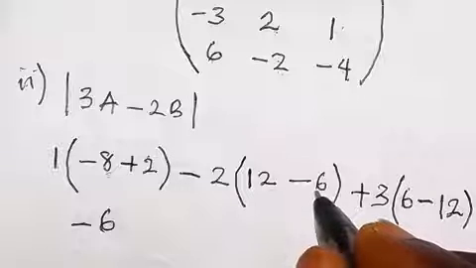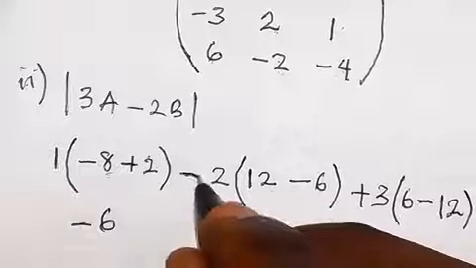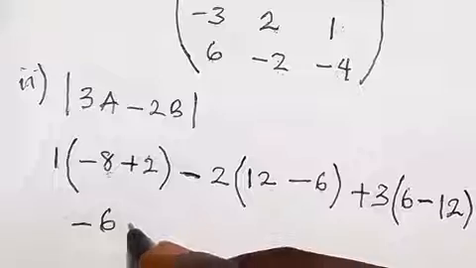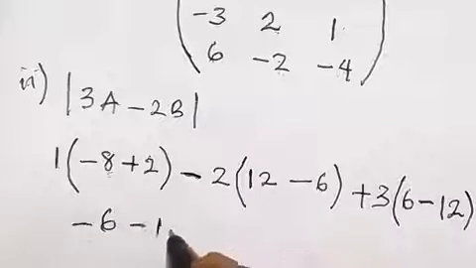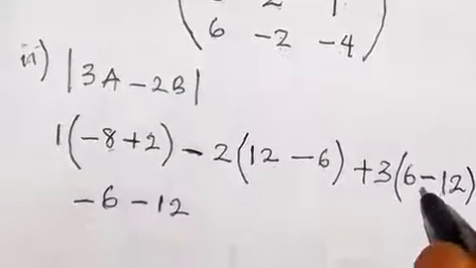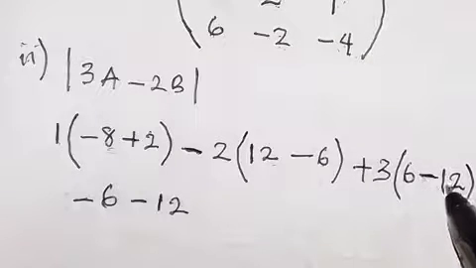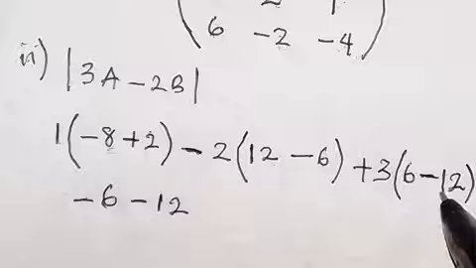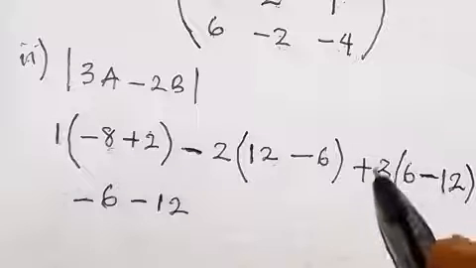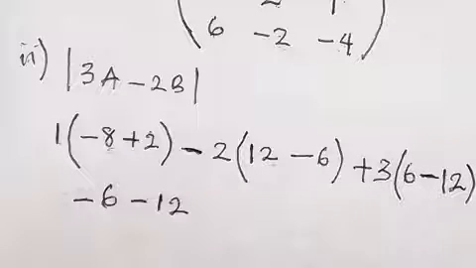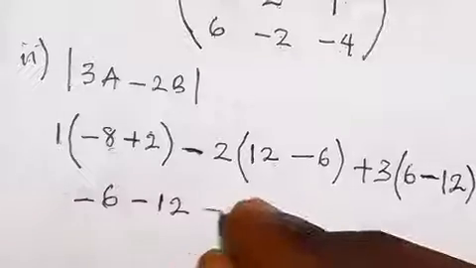Then in the bracket here, you have 12 minus 6. That's 6. 6 times minus 2 gives us minus 12. Then also in this bracket here, you have 6 minus 12. That's minus 6 as well. Times 3, minus 6 times 3 gives us minus 18.